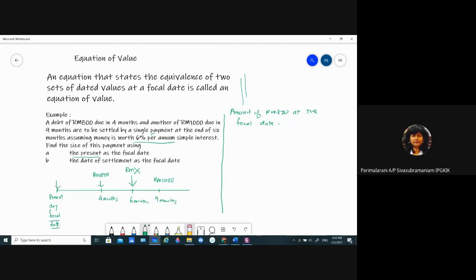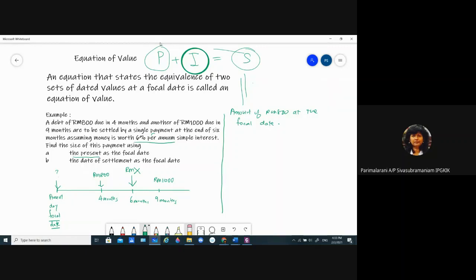Okay. We want to know, the 800 in 4 months' time, how much will this 800 be worth here? When you have principal and you have interest and then you have the simple sum, this is what you borrow, you add the interest, finally you pay this, right?